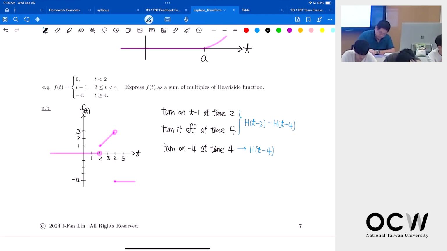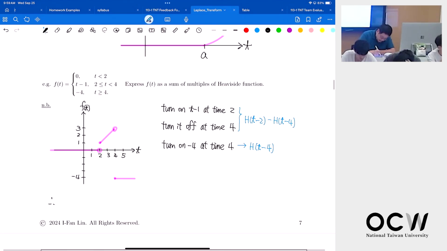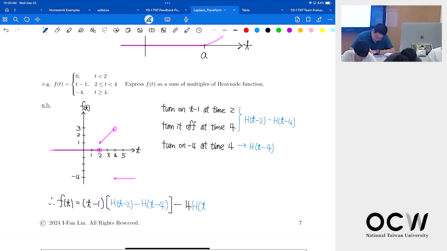So the function can be expressed as t minus 1 times the pulse function minus 4 times the shifted Heaviside function.